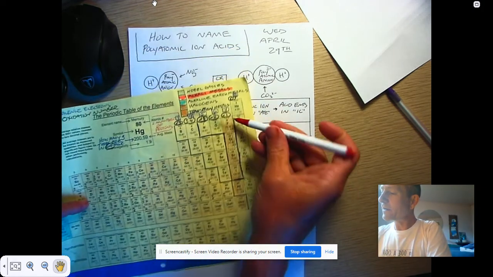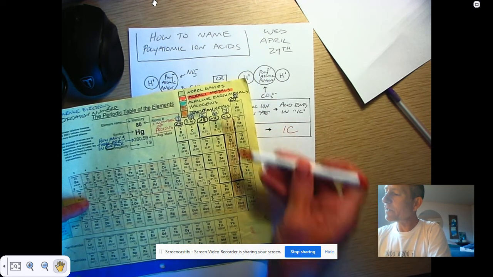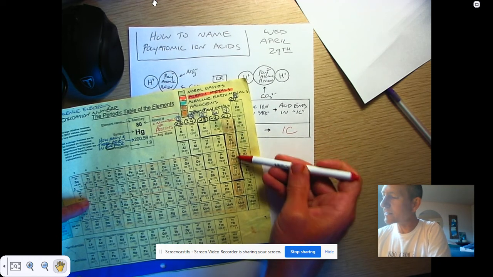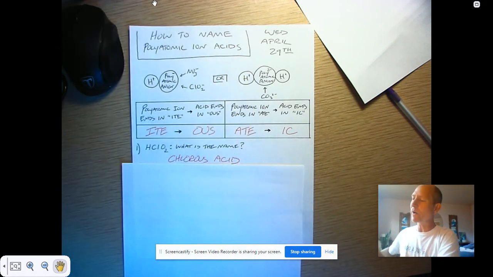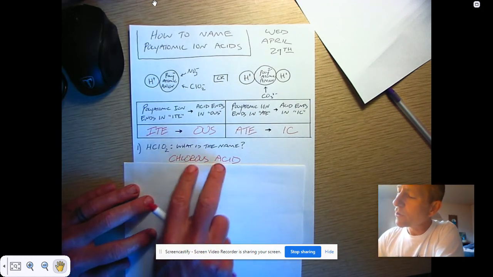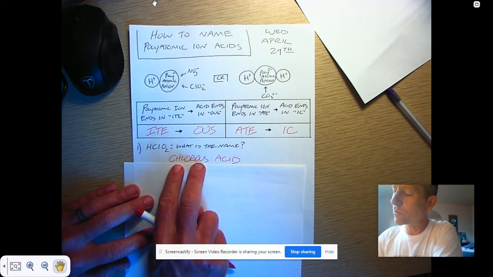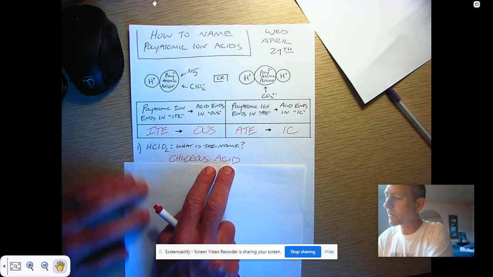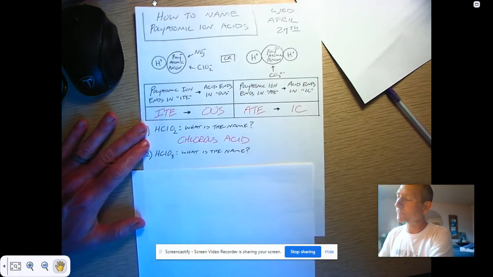When our anion was a halogen, we put hydro in front of the name, like hydrofluoric acid, hydrochloric acid, hydrobromic acid, hydroiodic acid. But we're not going to do that with these polyatomic ion acids. We're just going to change the chlorite to chlorous, and then we're going to add the word acid to the end to make sure we let people know we're talking about an acid. So the name of this acid is chlorous acid.